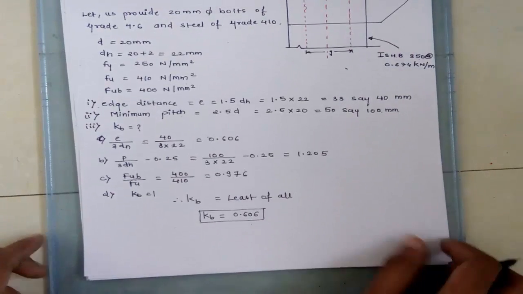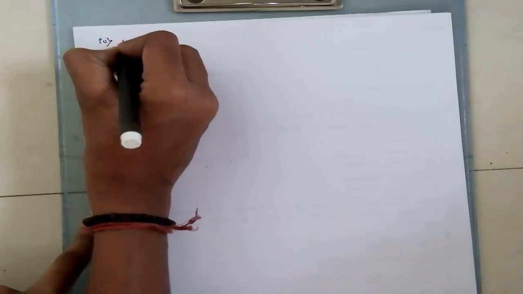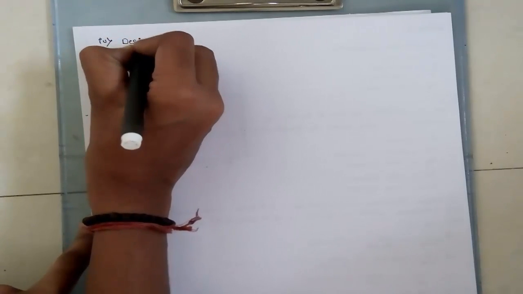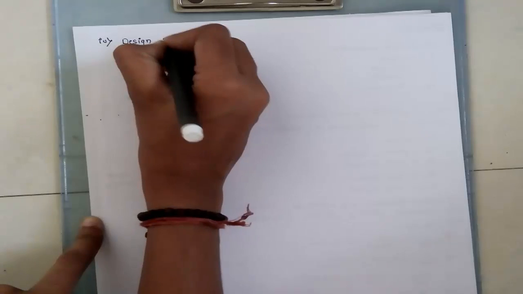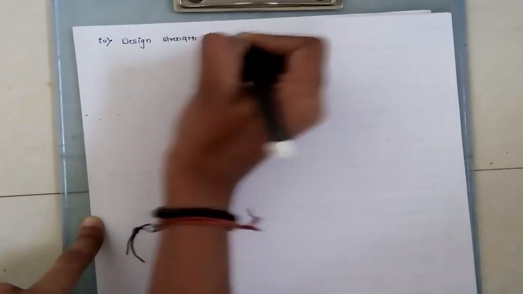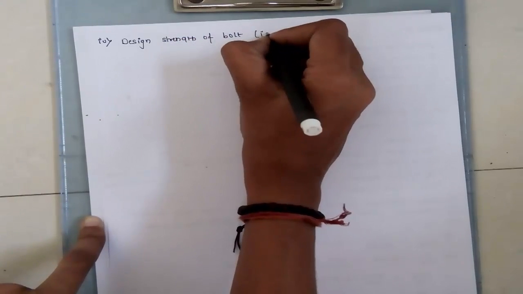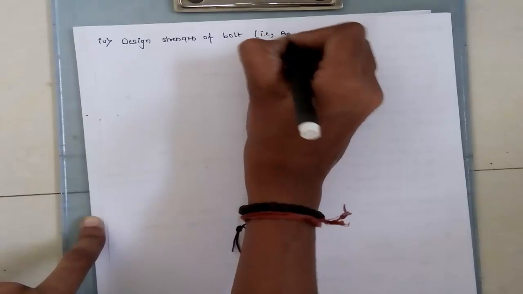After that, the fourth step is the design strength of bolt. That is, we have to calculate the bolt value.